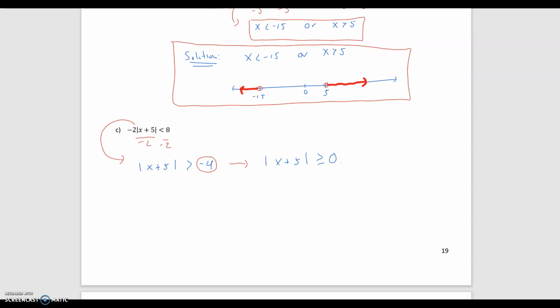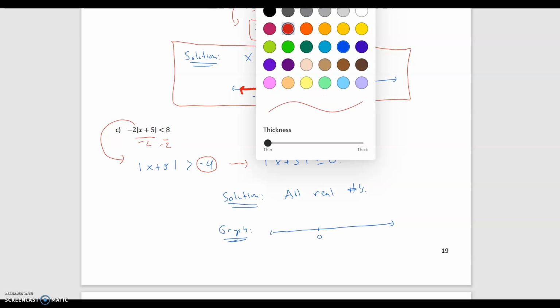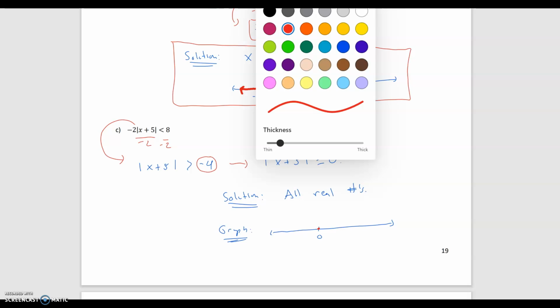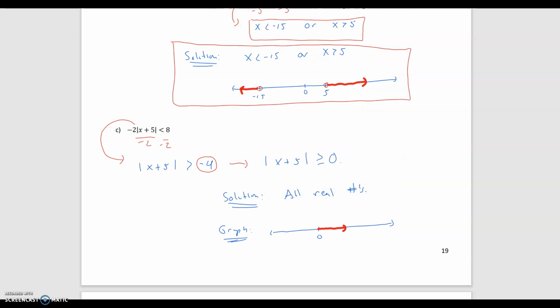So this particular one is one of those all real numbers. Let me write it as the solution: all real numbers. The graph of it, since any value will satisfy the inequality, we would typically put 0 as a reference. And then from 0, every value, let me make it a little bit thicker, every value to the right, and every value to the left.